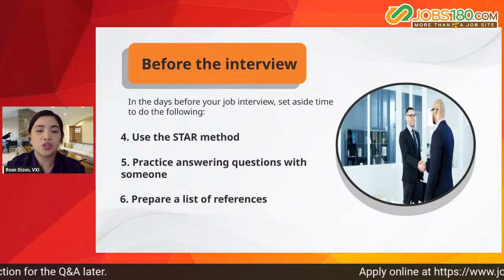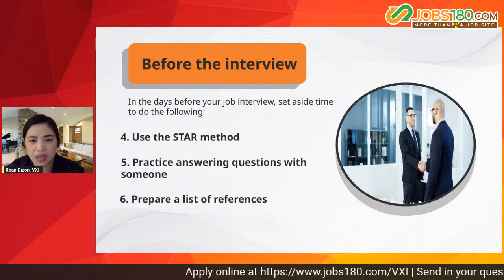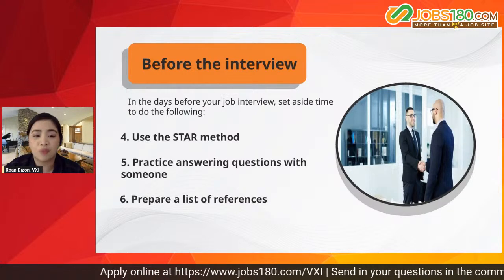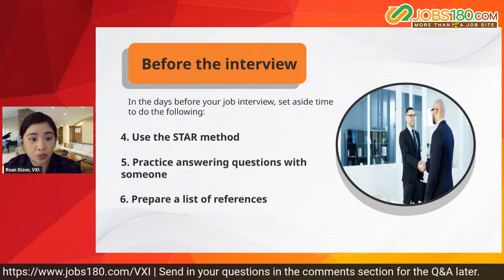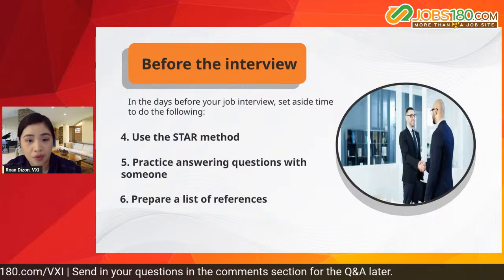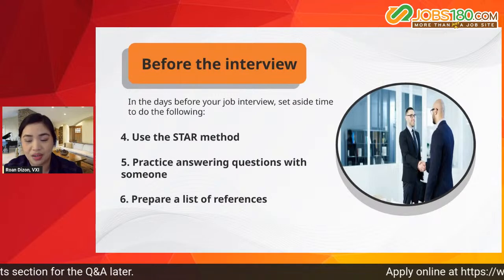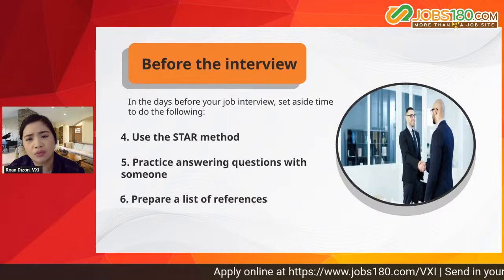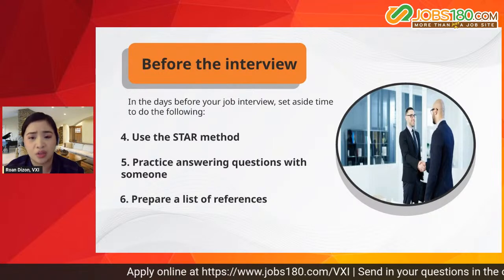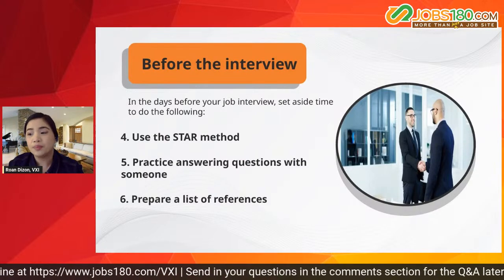So prepare at least probably 3 people, and then inform them beforehand that you're gonna be using their name as a reference, because believe it or not, we are really calling the list of people that you're going to be giving us. And it's going to be a little bit awkward if we're going to be mentioning your name and they don't know you.